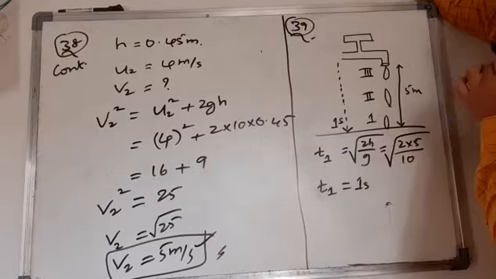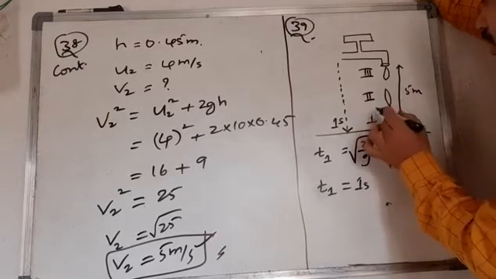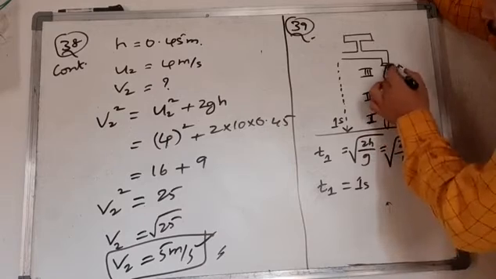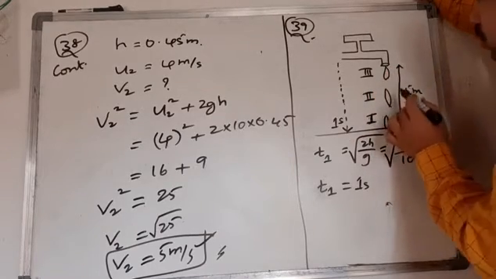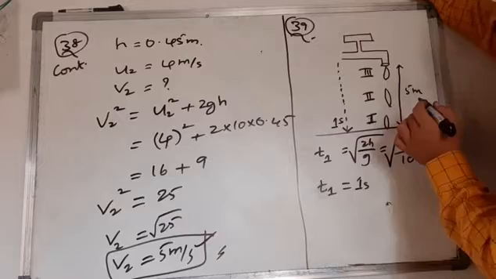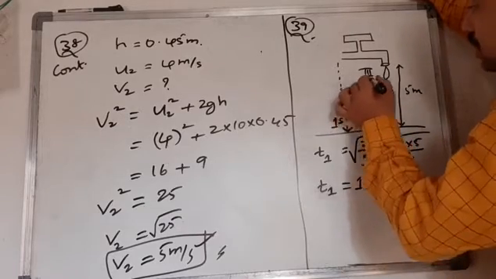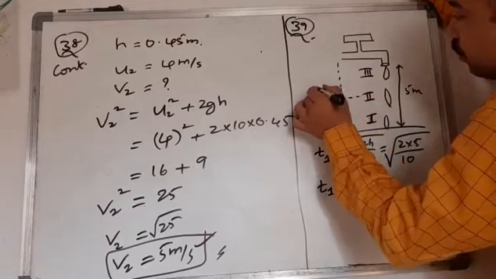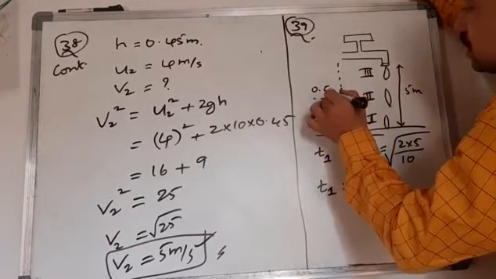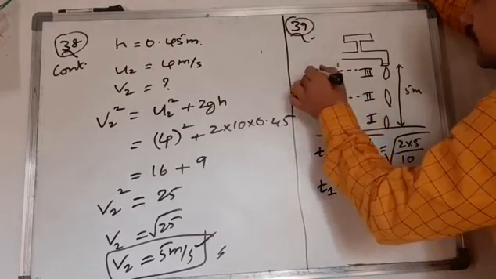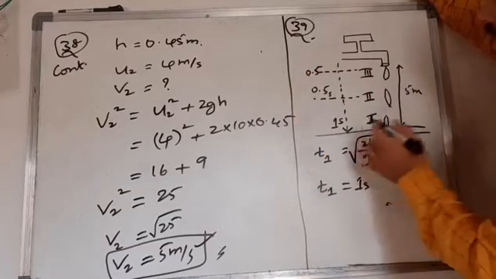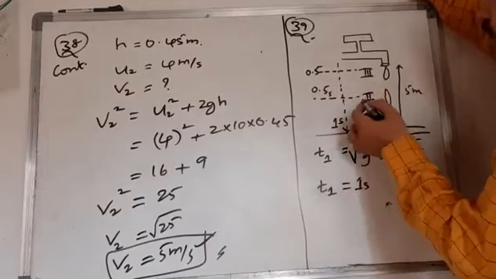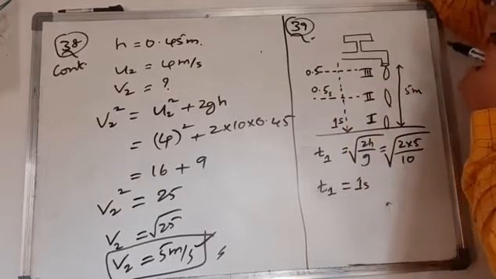When the first drop is reaching the ground, at that time the third drop is released. So that's why we can say each drop is taking 0.5 seconds and 0.5 seconds. After the first drop falls, after 0.5 seconds the second drop started, and after another 0.5 seconds the third drop started.